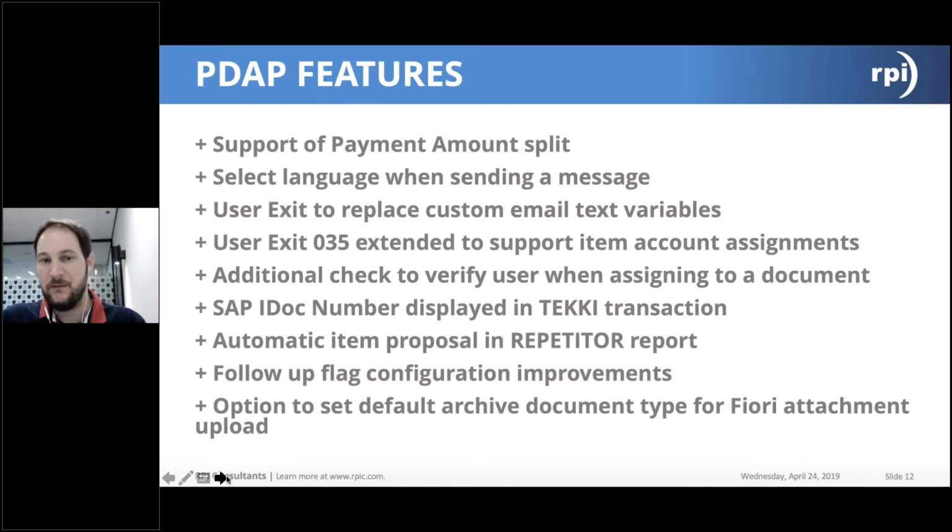So what can happen now is that we can add our custom variables and connect them with custom text. For example, when you send a reminder mail to a vendor who didn't pay an invoice, the first message can have one text.